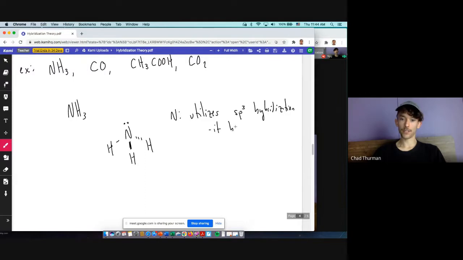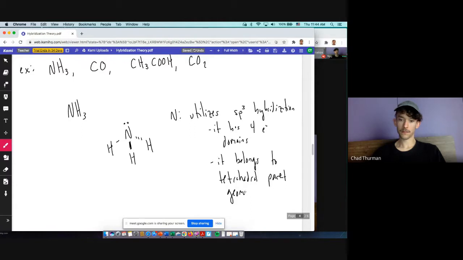It has 4 electron domains. That's one way to know. Another way to know is that it belongs to a tetrahedral parent geometry. It's trigonal pyramidal, but that's a modification of tetrahedral, right? It has that lone pair.